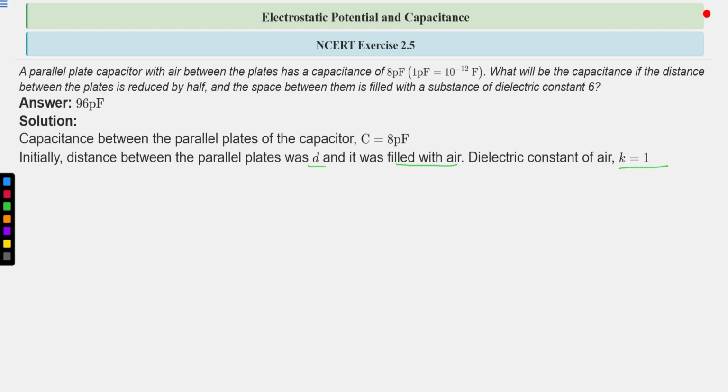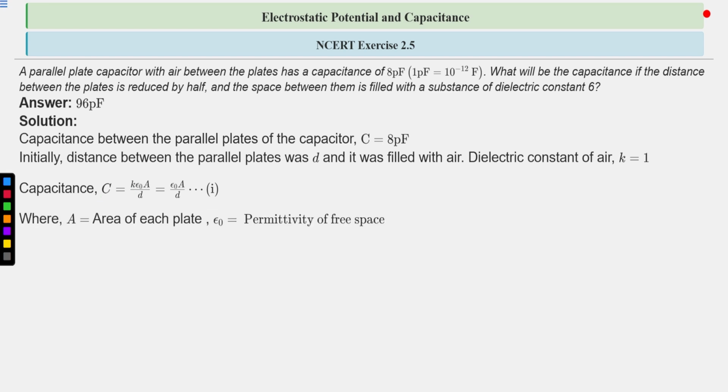So the initial capacitance is K epsilon naught A upon d, where K is 1 for air. So epsilon naught A upon d is the initial capacitance of the capacitor, which is equal to 8 picofarad. Put it as equation 1, where A is the area of each plate and epsilon naught is the permittivity of free space.